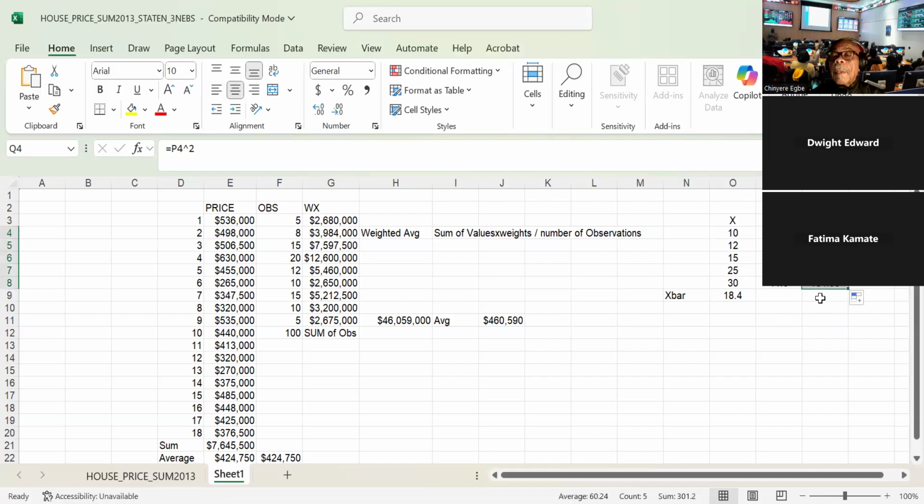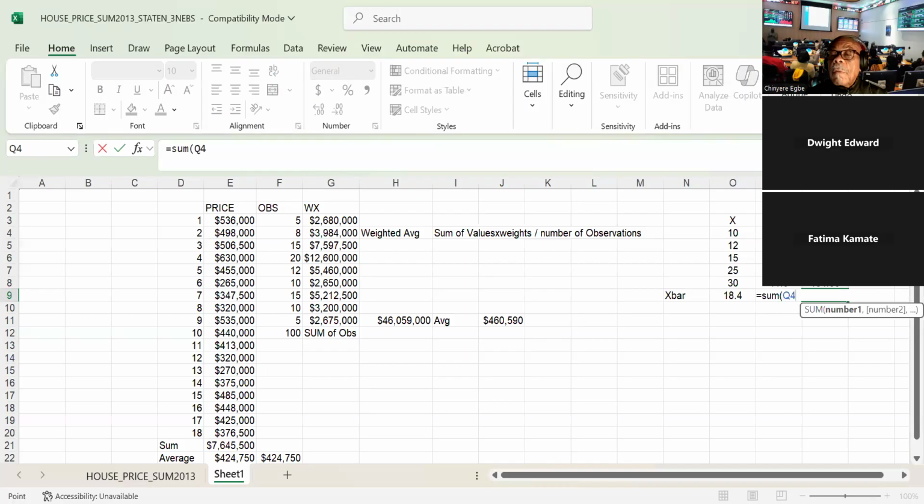All right. Then we get the sum of the squared values. That is not the sum of the squared values, but that's the average, sorry. Or sum.